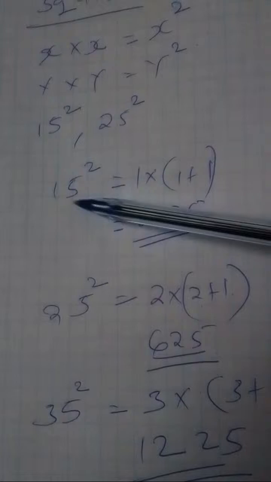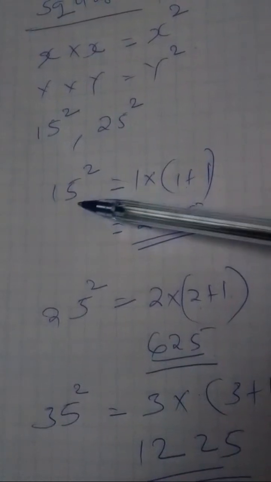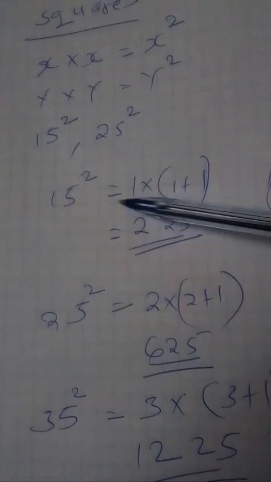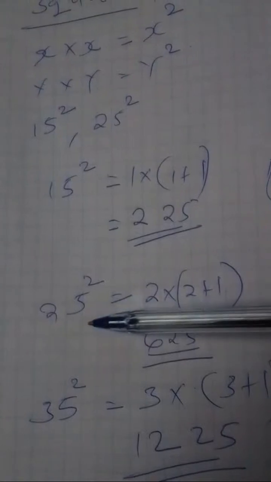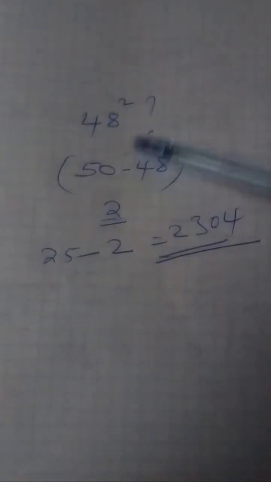But you cannot use it on these other numbers, because these ones have 5 as the last digit. So there's a different method of working out the numbers that have 5 as the last digit, as compared to the ones that do not.